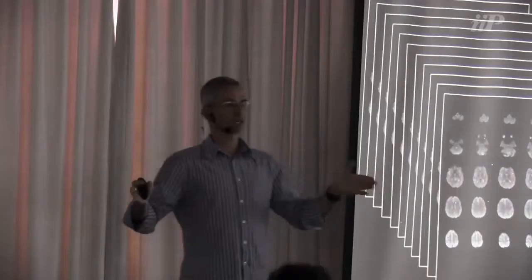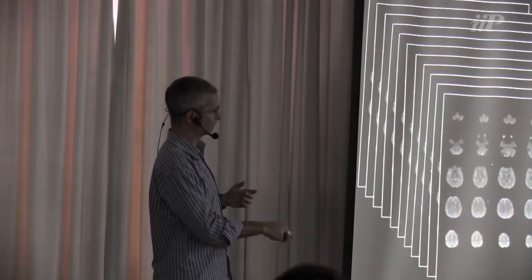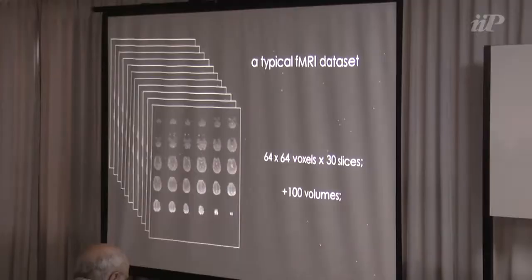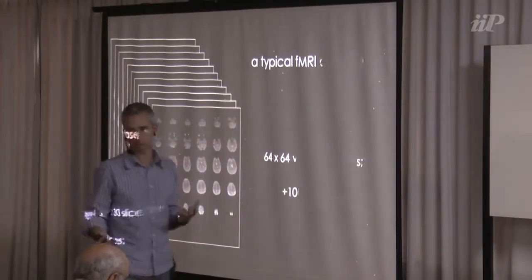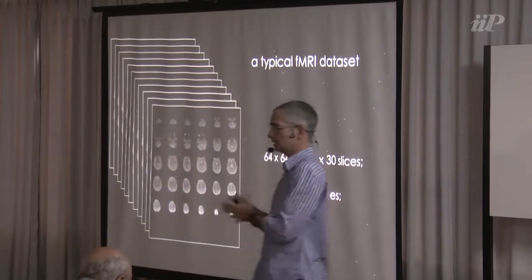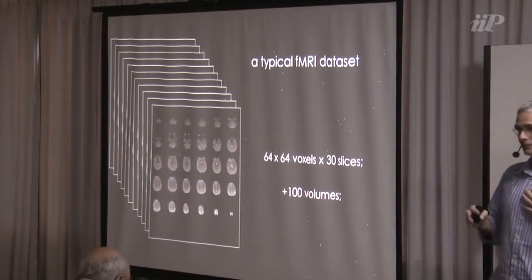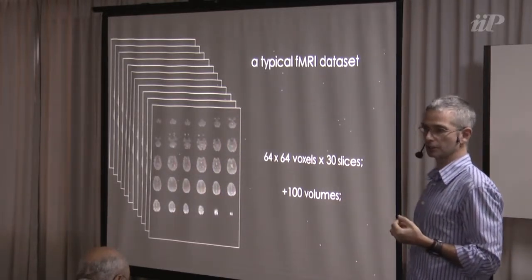In these 5 to 7 minutes, you are acquiring, at every second or so, the whole volume of your brain. So you're using a special technique called EPI, or echoplanar imaging. That's a technique invented by Peter Mansfield in 1977 to be used in children.